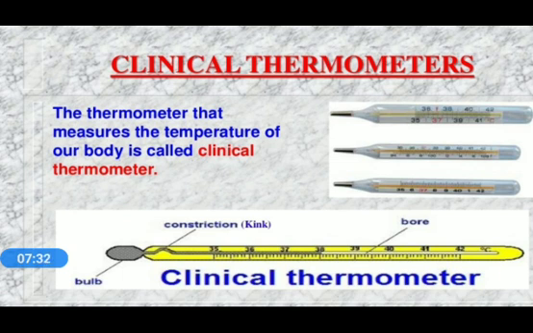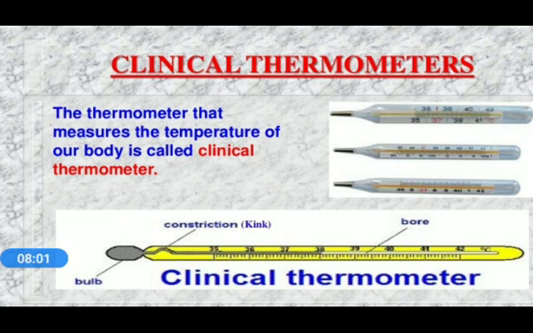What is a clinical thermometer? The thermometer that measures the temperature of our body is called a clinical thermometer. It means that a clinical thermometer is mostly used to take the temperature of the human body. It is not used to take the temperature of other objects or other bodies. You can also see in the pictures the structure of a clinical thermometer.